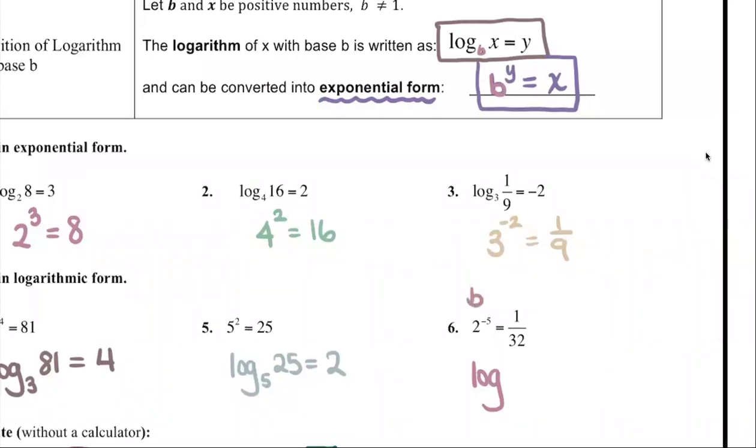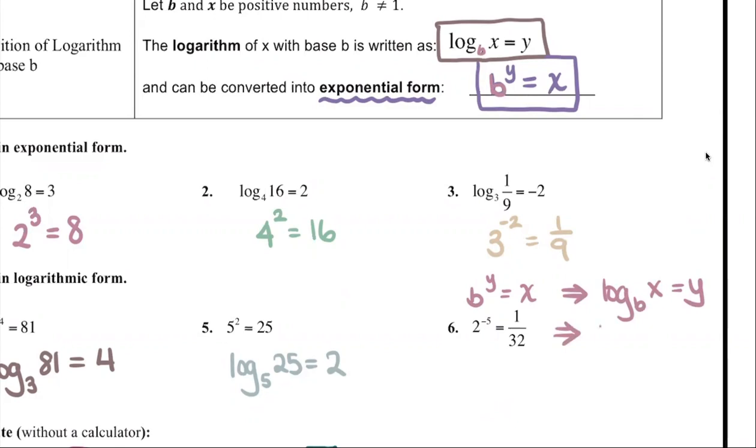So b to the power of y is equal to x turns into log base b of x is equal to y. Let's play matching here. Log 2, there you go, and then 1/32 equals... 2, equals -5.